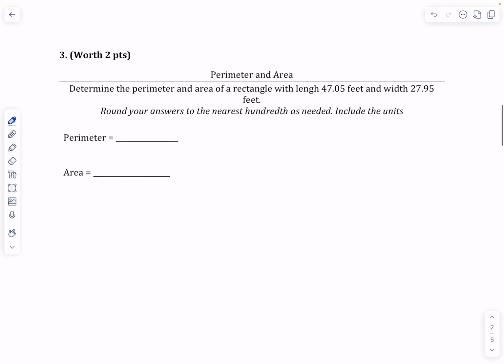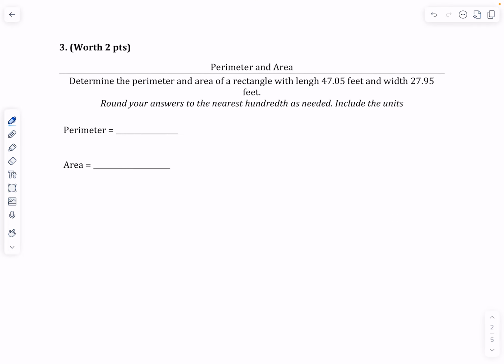Okay, worth 2 points. Determine the perimeter and area of the rectangle with the length of 47.05 feet and the width of 27.95 feet. We have to find both the perimeter and the area. So I'm going to draw this out first.